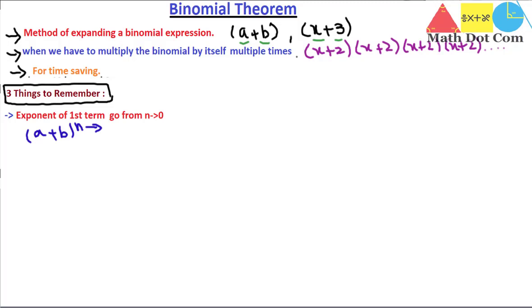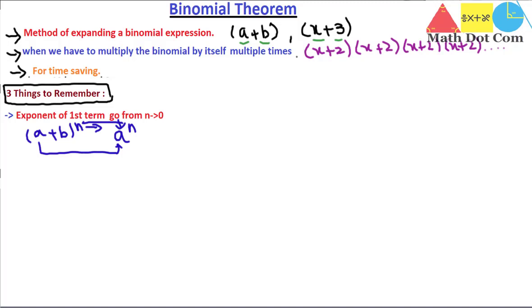So the exponent of the first term goes from n down to 0. When you expand this expression, you write the first term a with its power n, a raised to power n.